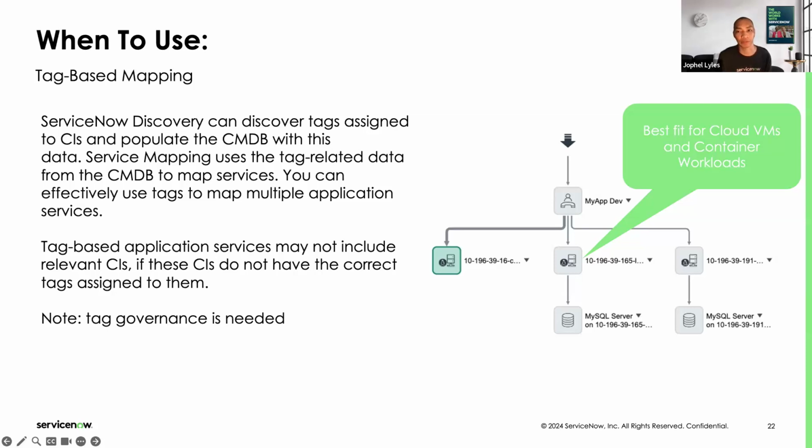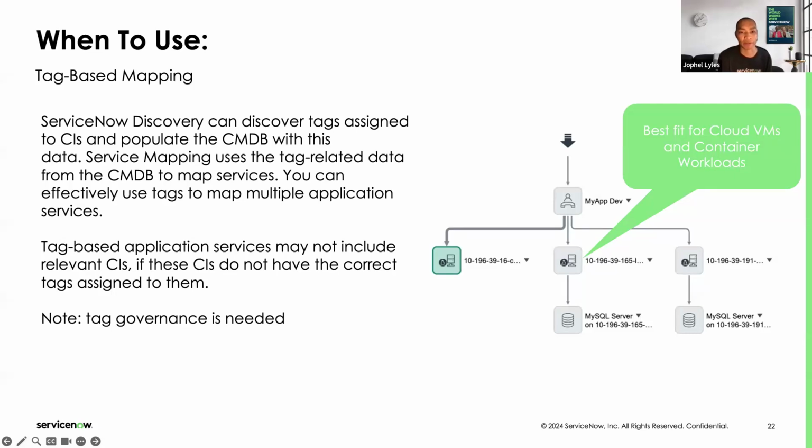You start to pull in irrelevant or erroneous CIs, and that's why we harp on tag governance being key in order to use this method. And luckily, ServiceNow has the tools and capabilities of governing tags that you're pulling in. So we try to make it as easy as possible as you're building out these maps via this method.